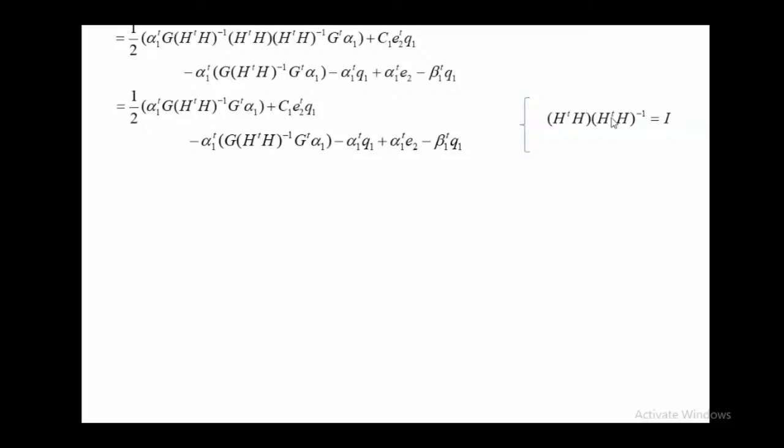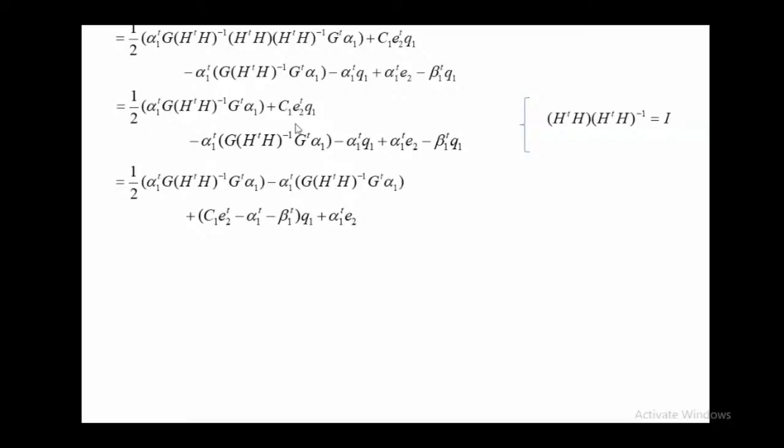Now this particular term is nothing but some half of something, and this is minus of something. So this term is nothing but minus 1 by 2 something. And here you can write C1 E2 transpose, minus alpha 1 transpose, minus beta 1 transpose.